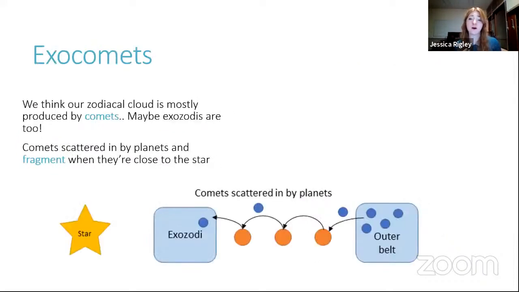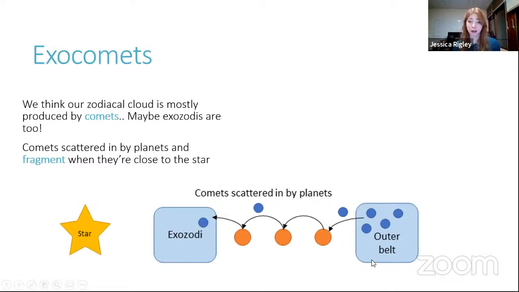And so the other alternative explanation is exocomets. So in our solar system, we now think that our zodiacal cloud is mostly produced by comets just spontaneously breaking up. So maybe this could also explain this exozodiacal dust. And so this is a diagram of what that would look like.